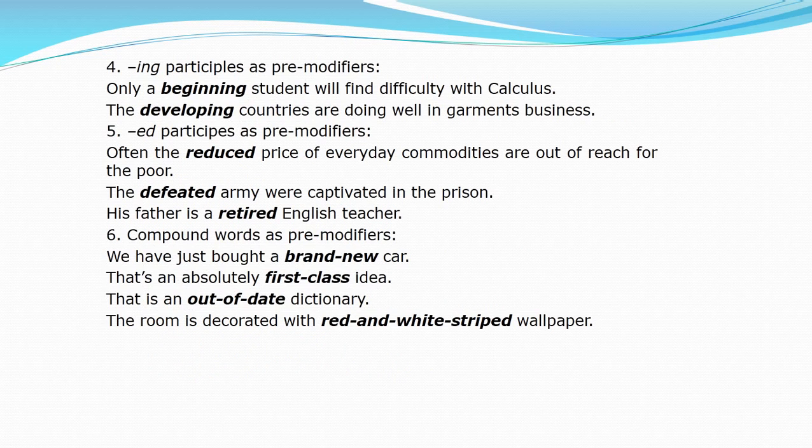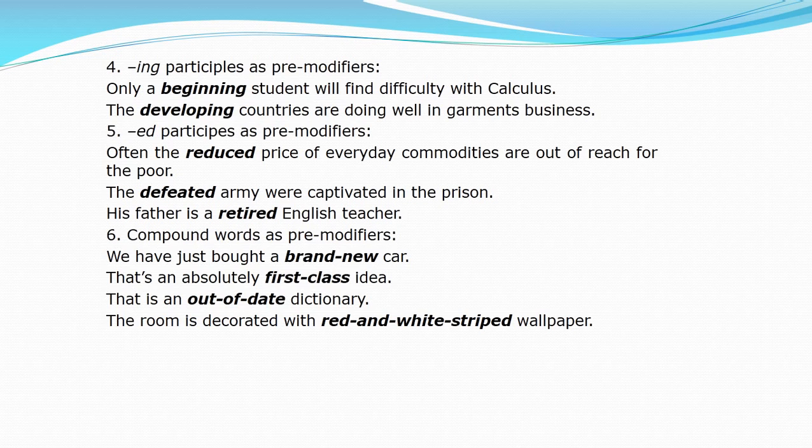For participle, you should know about participle. This participle is not present, past, and past participle. This participle is a type of non-finite verb. We know that there are 3 types of non-finite verb: infinitive, gerund, and participles.